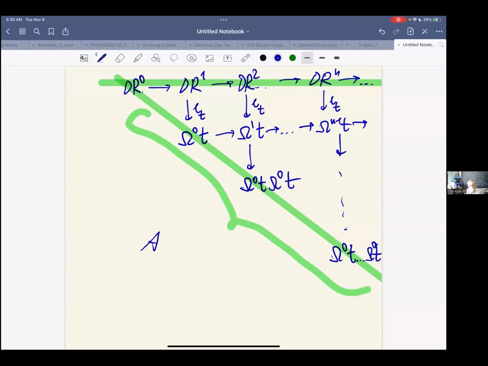I think it consists not of A, but of much bigger thing, namely of this.